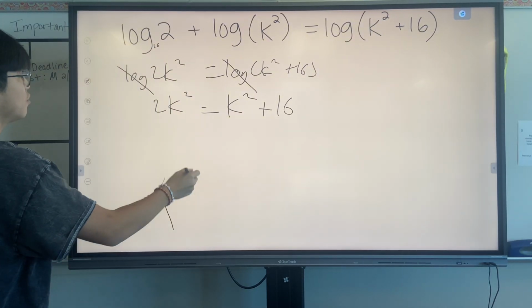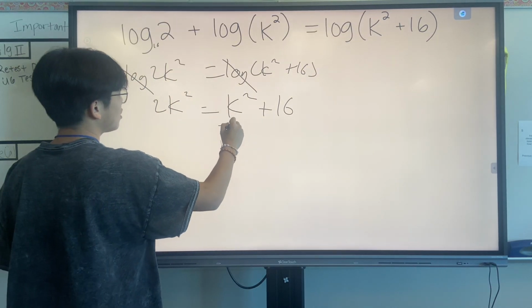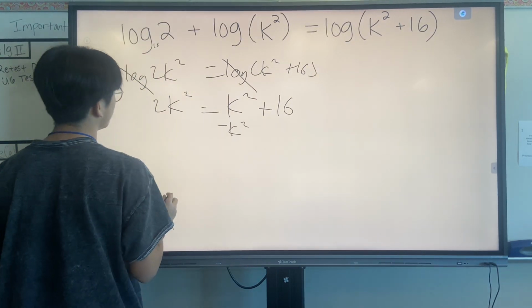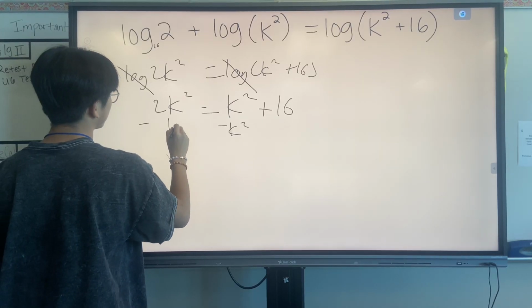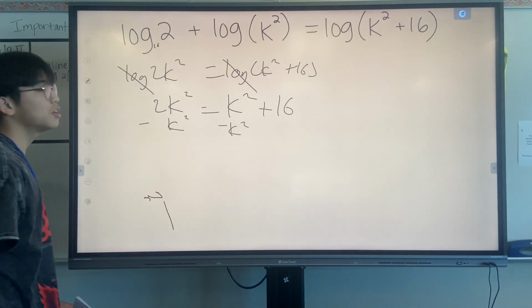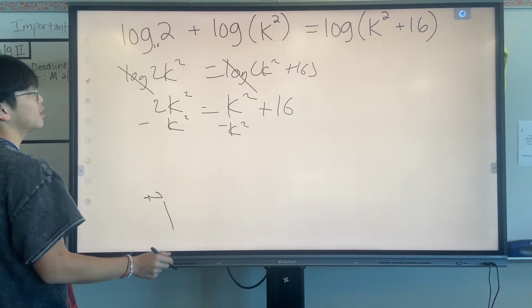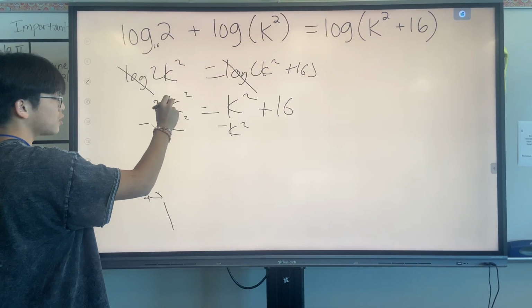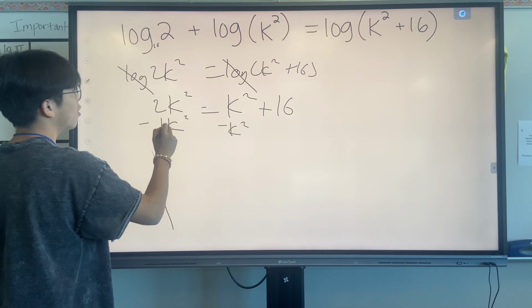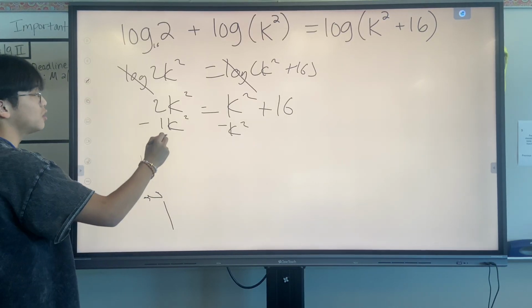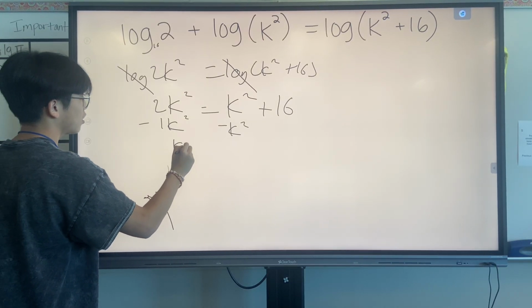Then you solve. So you subtract k squared on both sides. And now to not get this confused, this wouldn't equal 2 or something like that. This is just 2k squared minus 1k squared. So this would just equal k squared.